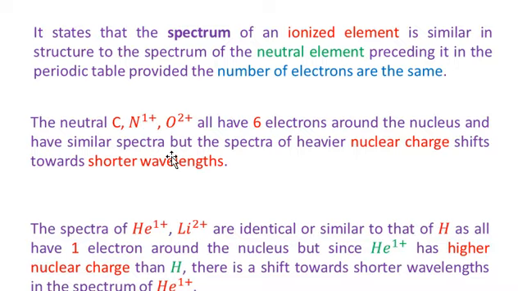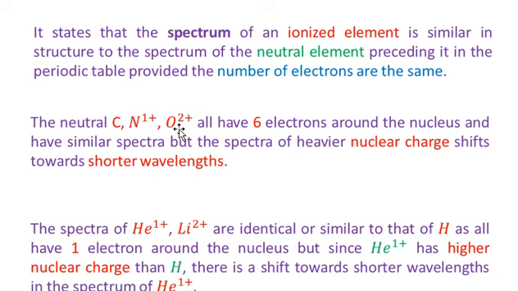and have similar spectra. But the spectra of the heavier nuclear charge will shift towards shorter wavelengths. That is, the spectra of singly ionized nitrogen will shift to shorter values. The values will be more or less the same, but there will be a slight shift towards shorter wavelengths.